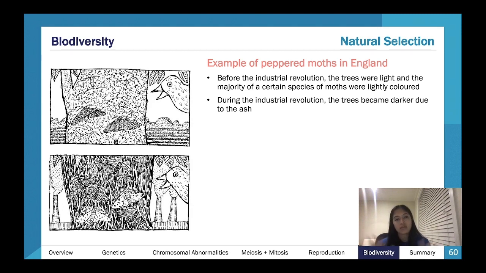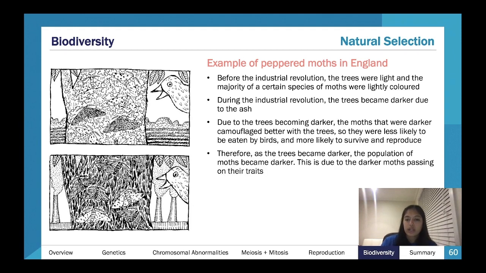Whereas the black moths, they're camouflaging, they're hiding really well, they've got more time to produce offspring that look like them, so they're producing more black moths. Whereas the white moths have less time to produce more white moths. So that's the idea there. You can see how ultimately over time, you're going to get more and more black moths.